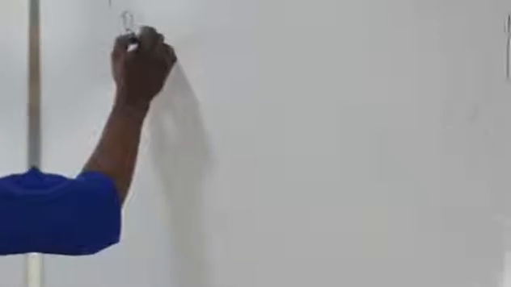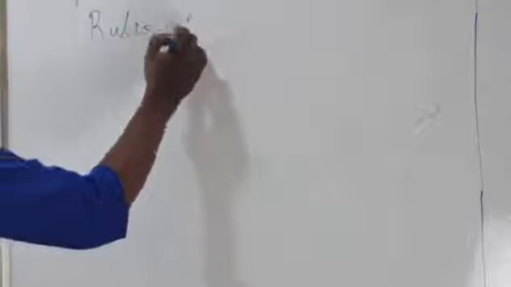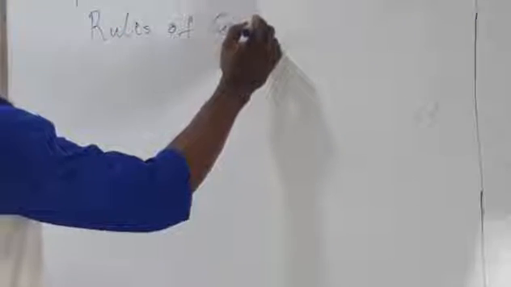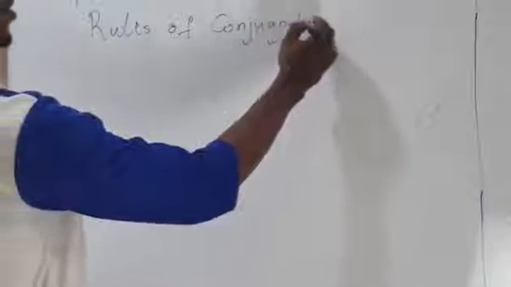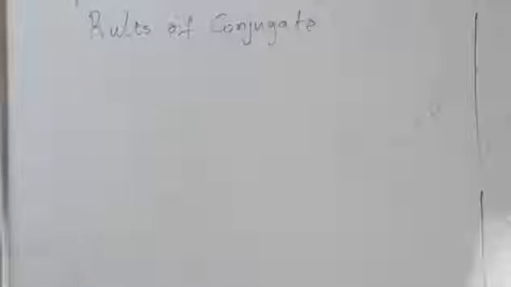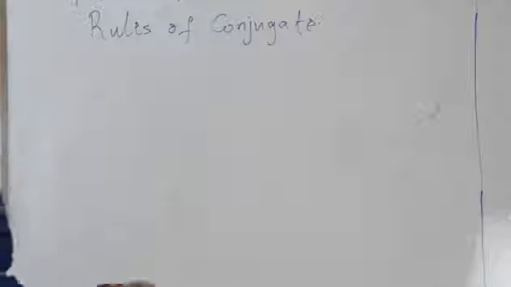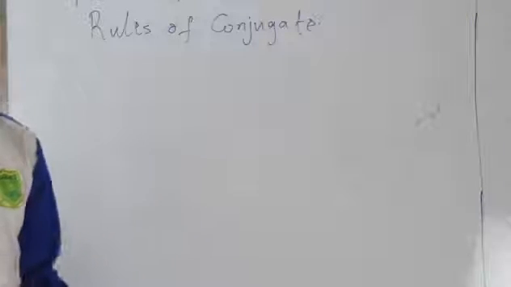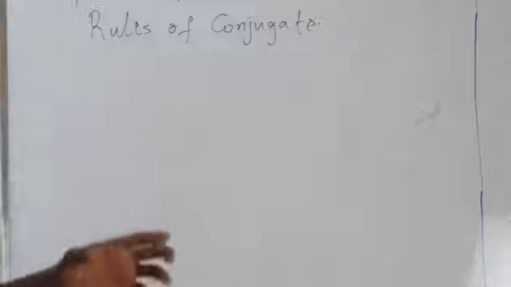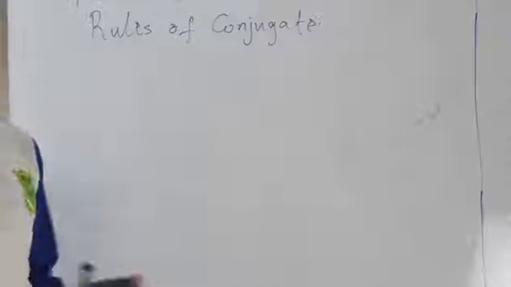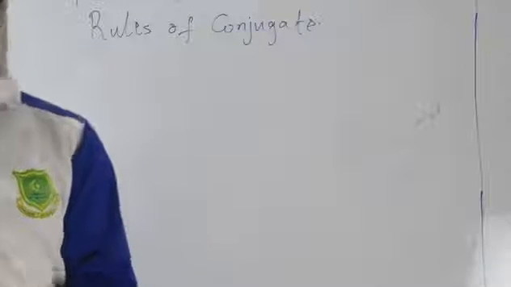So we have rules of conjugate. But before we write the rules of conjugate, what is conjugate? Two surds are said to be conjugate of each other if their product gives rise to a rational number or non-surd number.